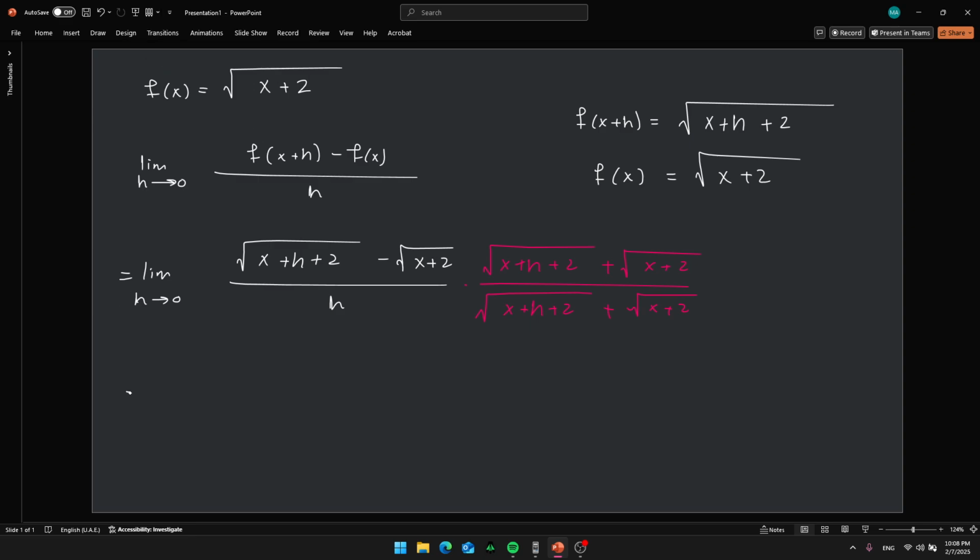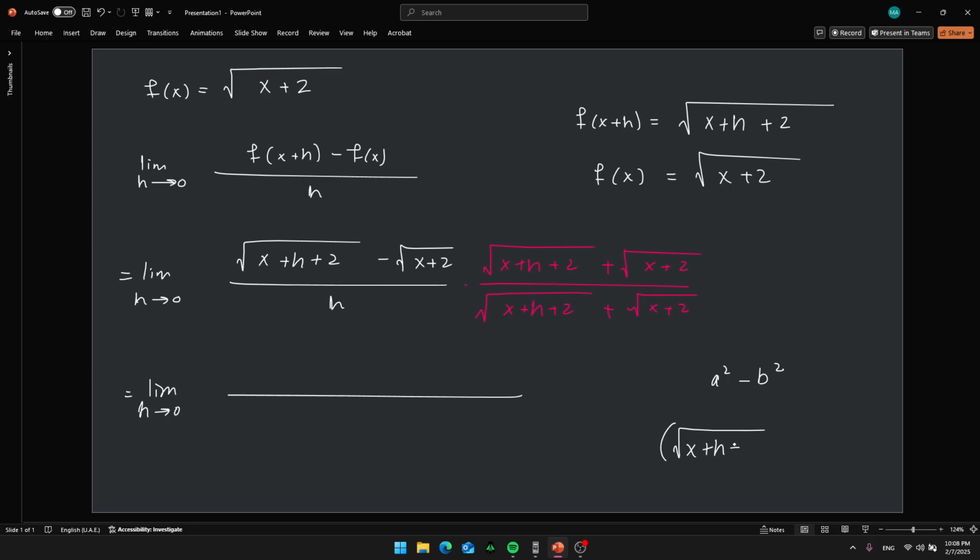Now, limit as h approaches 0. When you multiply by the conjugate, you will get this form, which is a squared minus b squared. Where is a and where is b? This is a and this is b. So now I'll square a and b.